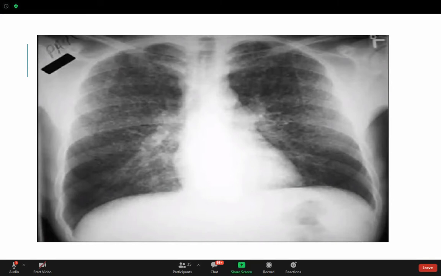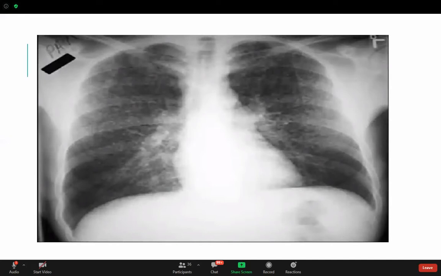Okay, what are the differential diagnoses, given the history and this finding? Mets.